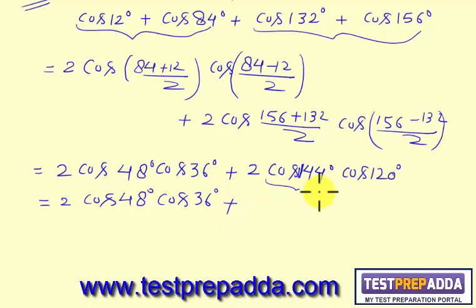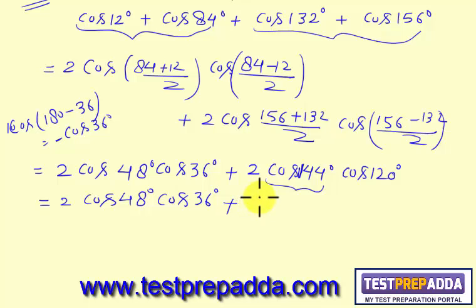Now cos 144 can be written as cos (180 minus 36). Cos (180 minus 36), that will be, cos will remain cos, and 180 minus theta is in the second quadrant where cos is negative, so it will become minus.